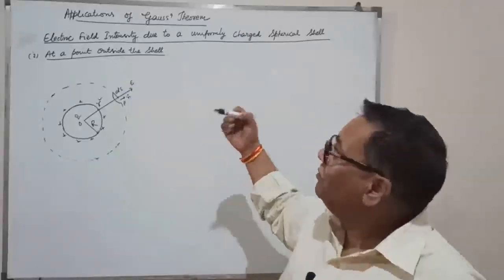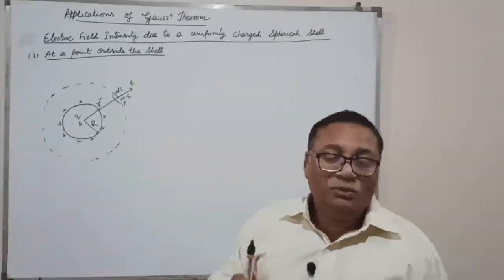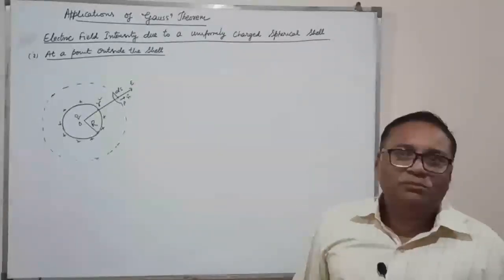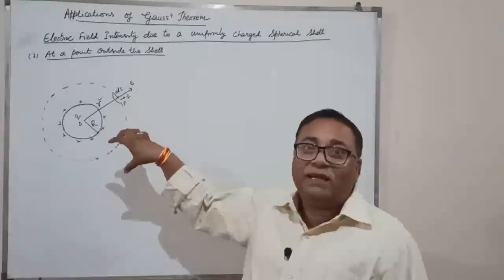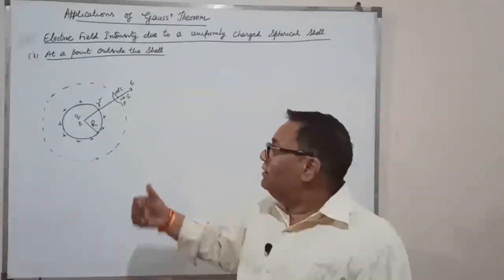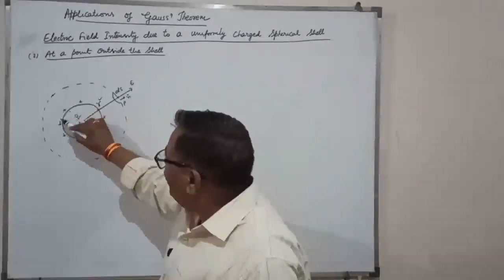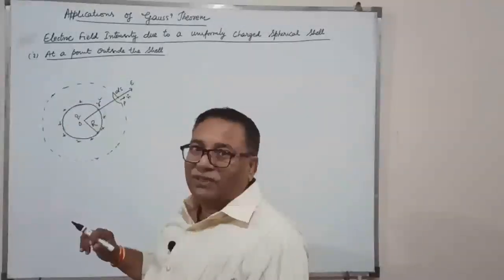Then how can we calculate it? First, by using Gauss theorem. In Gauss theorem, there are two important parts. One, the charge enclosed by the Gaussian surface. Second, the surface should be closed. If the point lies this side and the charge lies this side, then no charge is enclosed by the surface.